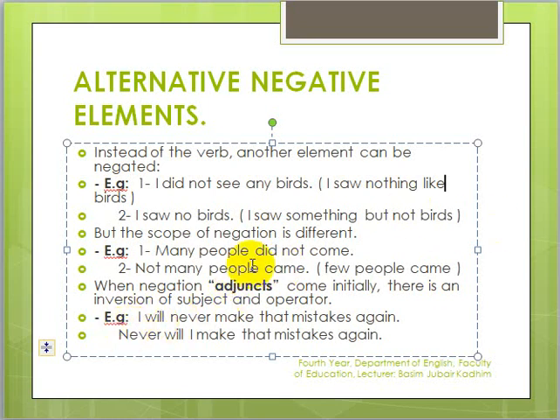For example, the agent of negation, which is "never," the negation word, comes here at the beginning. So what shall we do? We will front the auxiliary or the operator before the subject, which is "I." So "never will I make that mistake again." So instead of saying "never I will make that mistake again," it will be "never will I make that mistake again." And this is important in terms of negation.